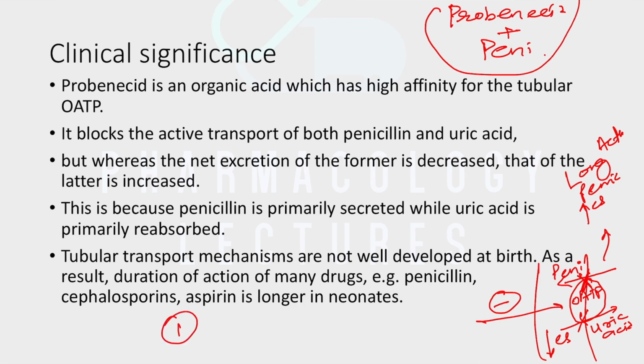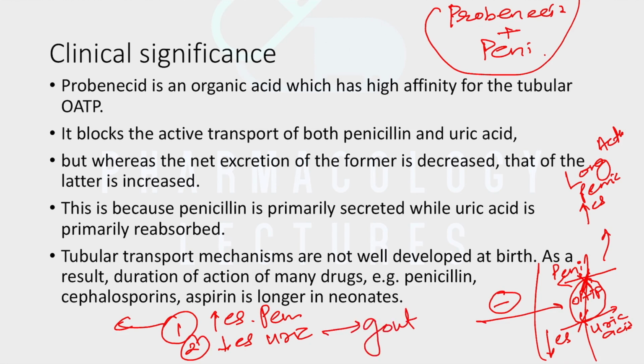One, we are achieving a higher concentration of penicillin in the body, and second, we are decreasing the uric acid level in the body. So clinically, two advantages are there: a high level of antimicrobial that would help in treating bacterial infections, and a decreased level of uric acid that would be helpful in gout.